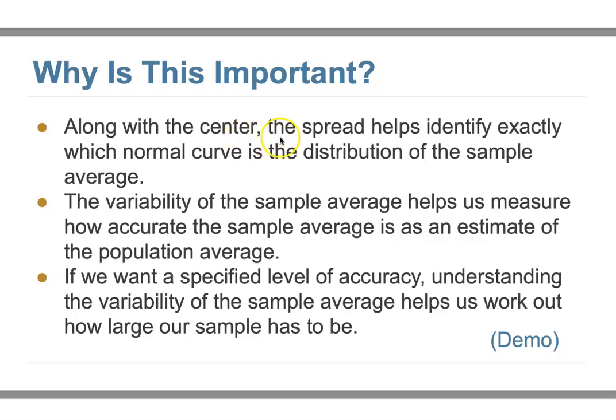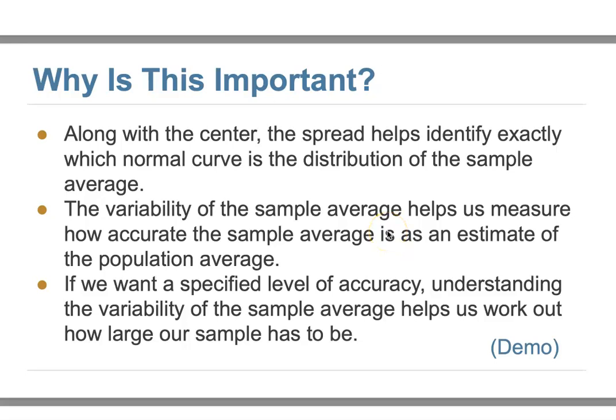The only difference is the spread. The spread helps us identify exactly how the normal curve describes the distribution of the sample average. The variability of the sample average helps us measure how accurate the sample average is as an estimate of the population average.